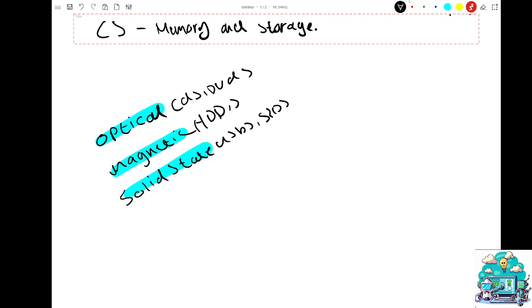So I mentioned capacity. Now with speed, optical can be quite slow, and if broken then the data is unretrievable. Magnetic hard drives are slow because of the read-write head.